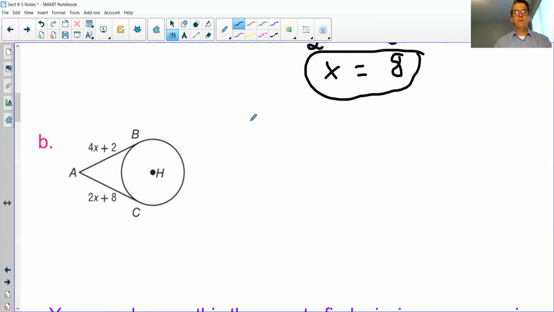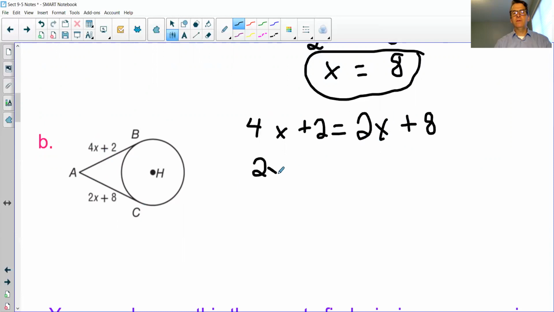This problem here, you have 4x plus 2. We'll do a couple of these quickly. They're pretty straightforward. Again, we're assuming that these are tangents, so we can say 4x plus 2 is equal to 2x plus 8. Subtracting 2x from both sides, I have 2x plus 2 is equal to 8.